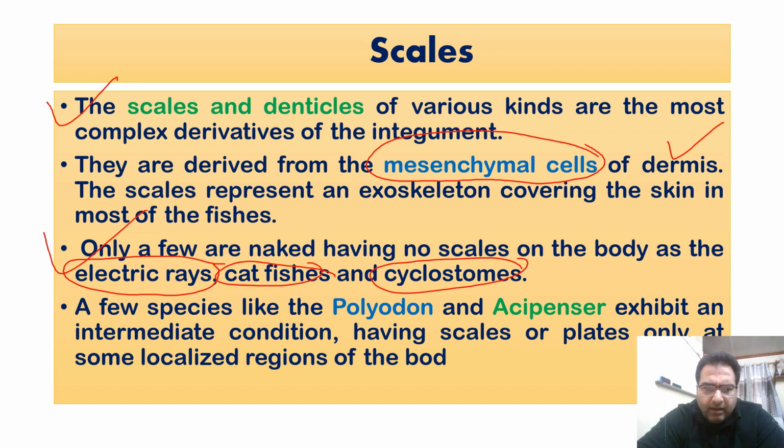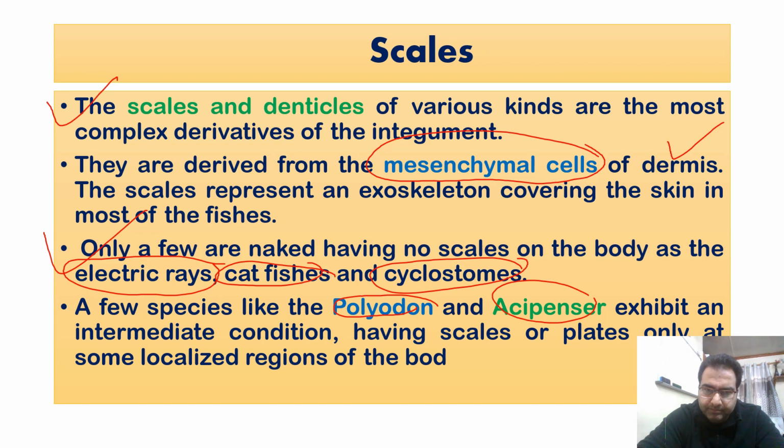A few species, such as Polyodon and Acipenser, exhibit an intermediate condition between the modern and the most primitive condition, having scales or plates only at some localized regions of the body.